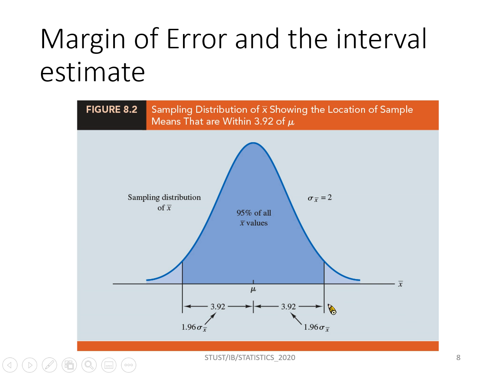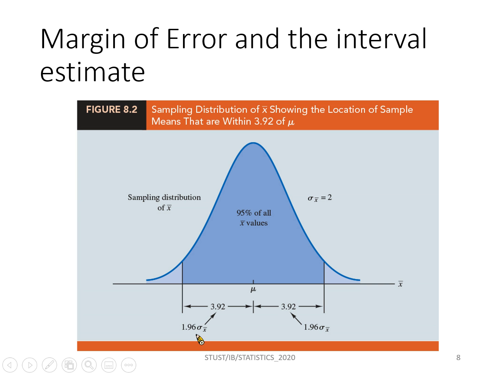You can also check figure 8.2: in this normal distribution curve, the mean of the population is mu and the standard error is 2. Because we calculate at the 95% confidence level, the z value is 1.96.